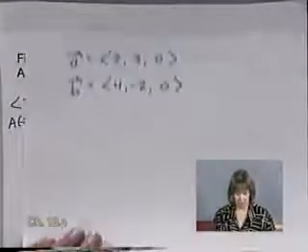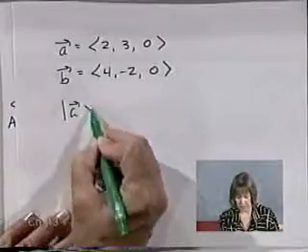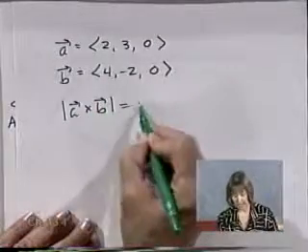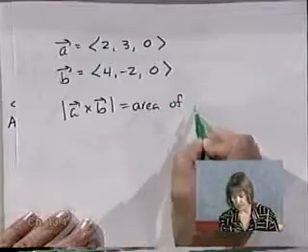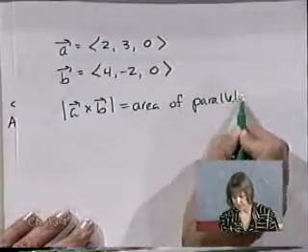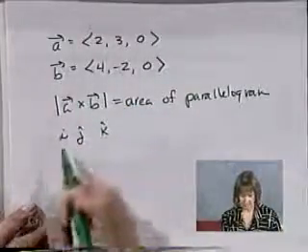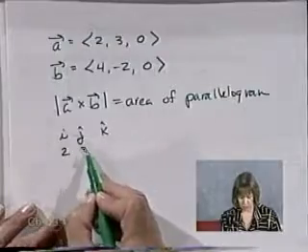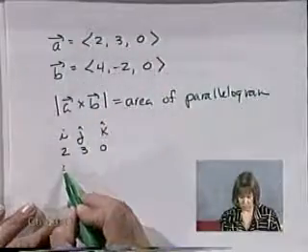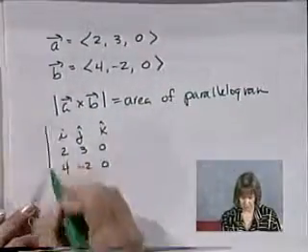And we just proved a little while ago that the magnitude of A cross B will give us the area of the parallelogram. That's determined by A and B. So let's figure out what A cross B is. To figure out A cross B, I'm going to go I, J, K, put A across the board, 2, 3, 0. Put B across the board, 4, -2, 0.